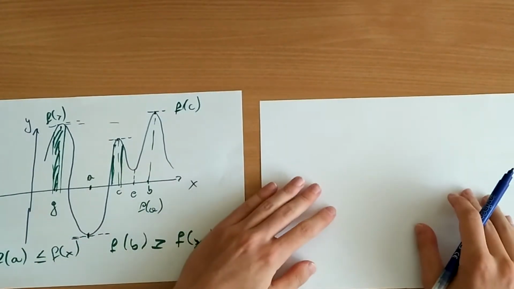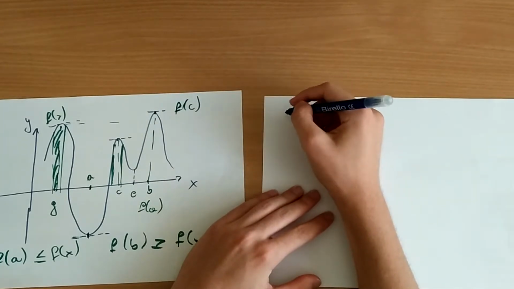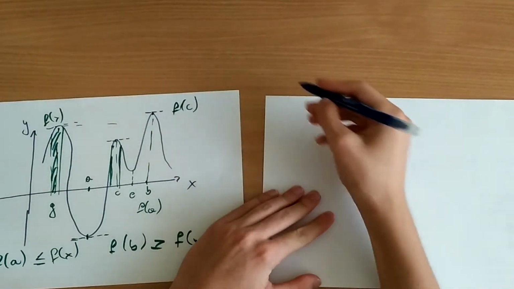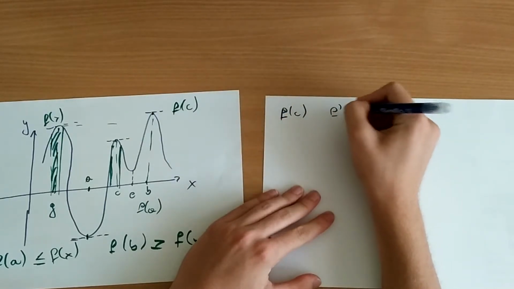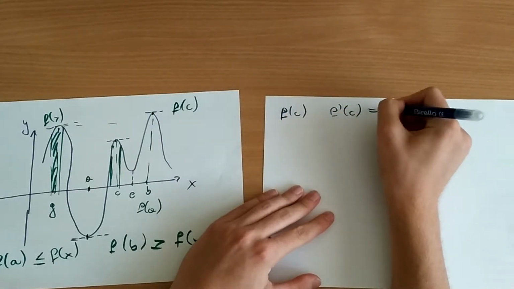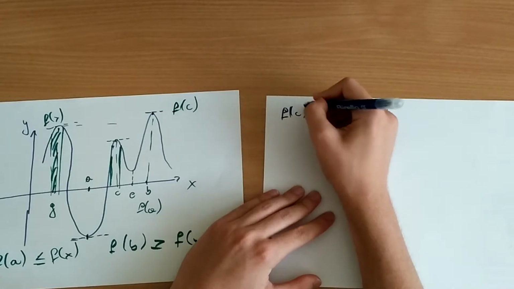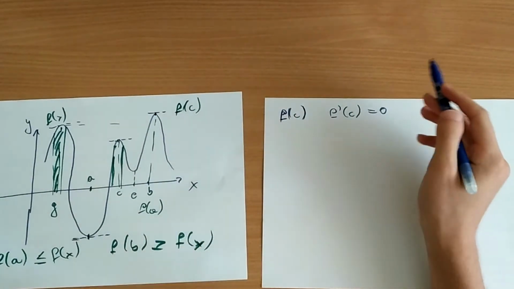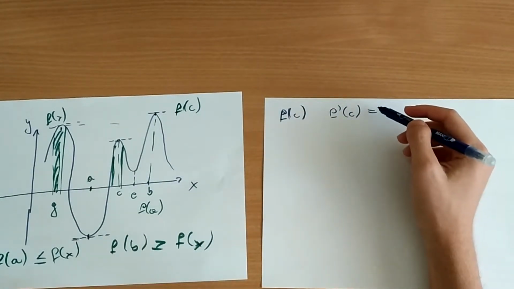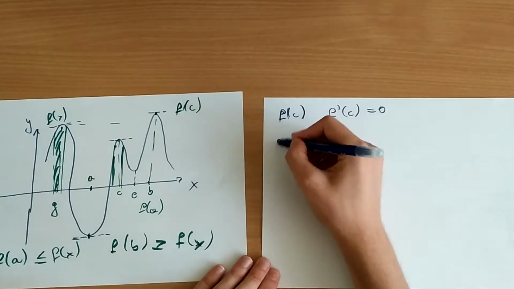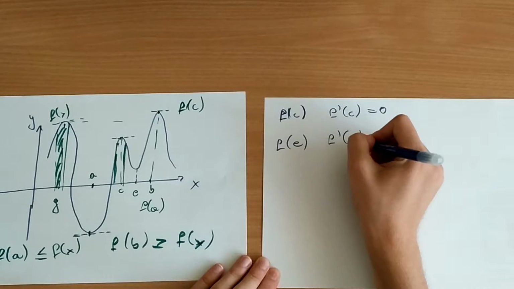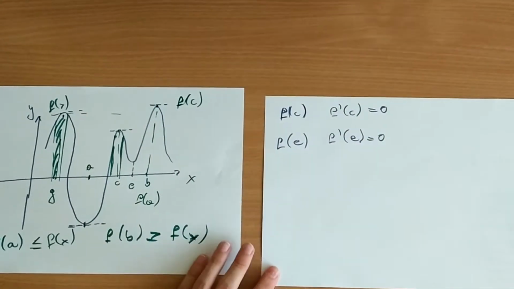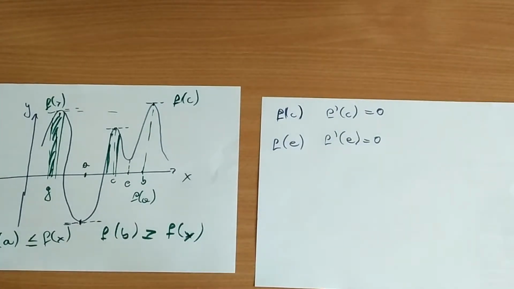So f prime of C is the derivative, and it is equal to 0. So this has the potential to be either a maximum or a minimum point. The same can be said for E. F prime of E is equal to 0. So this can be a local extremum point.